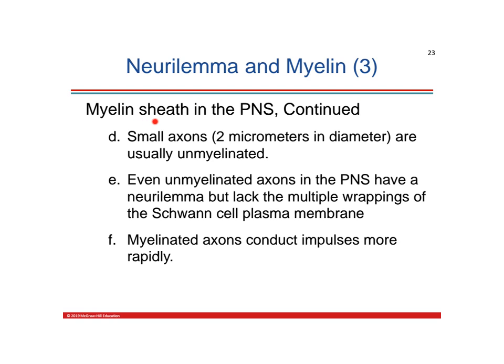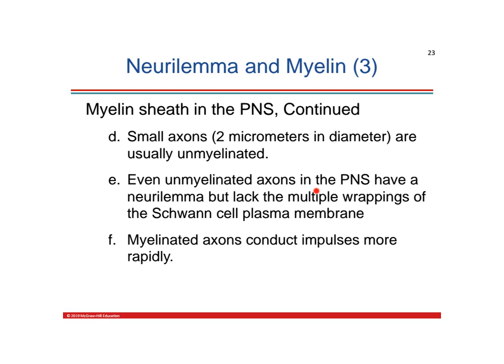So not all cells have myelin. Small axons with a diameter of 2 microns or less are often unmyelinated. So these would conduct action potentials relatively slowly. We'll talk about that more later.